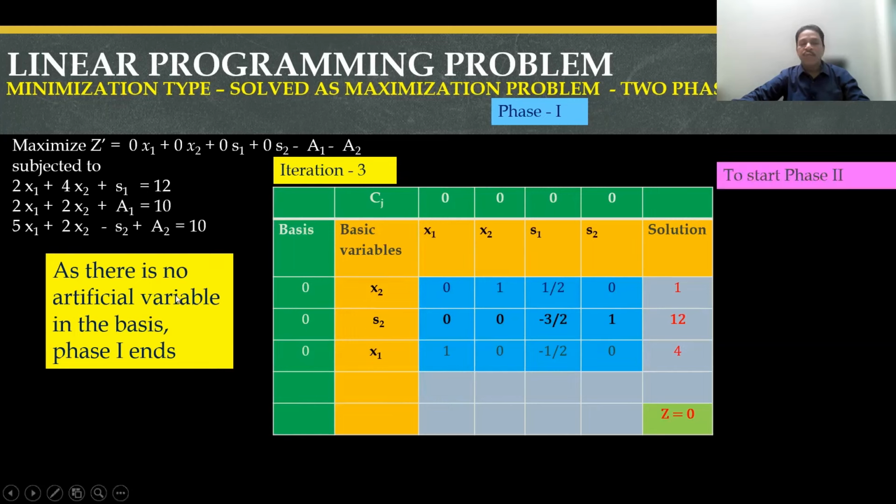So as there are no artificial variables in the basis, phase 1 ends. And now we can start with phase 2. This table now becomes the table for phase 2 with one change. What will that change be? X1 and X2 will have their coefficients from the objective function for phase 2.